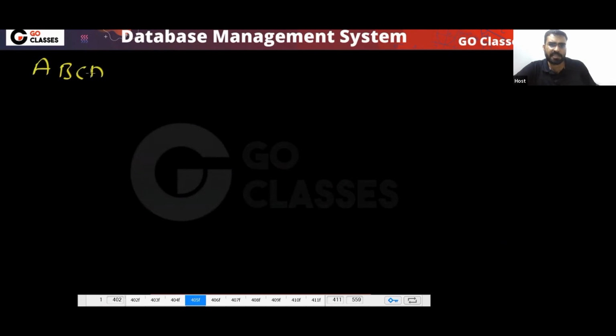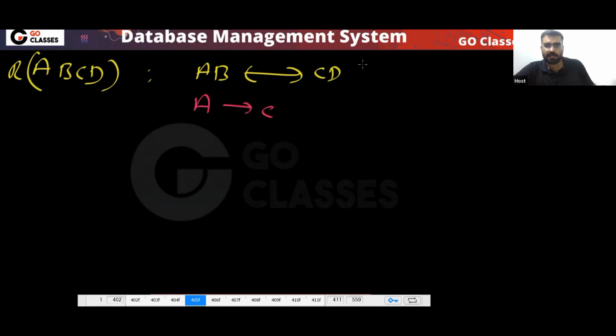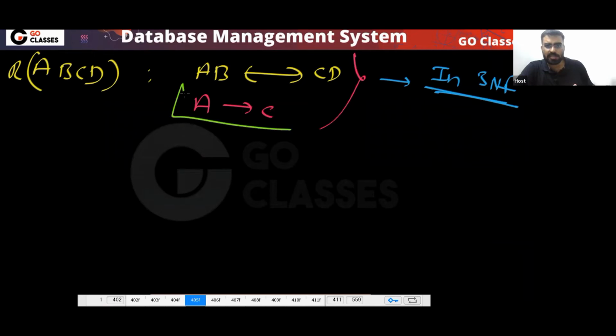Consider this relation ABCD, and let's assume AB determines CD, CD determines AB, and A determines C. Now what will happen? This is in 3NF, correct? But still you can notice this situation.